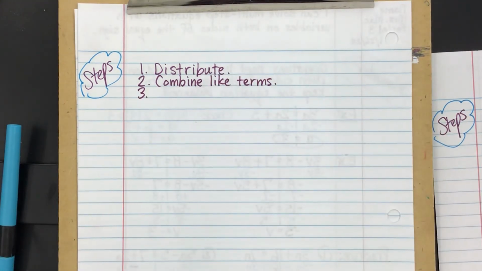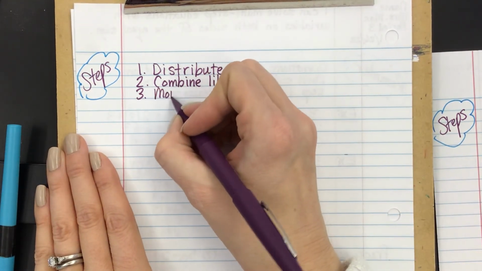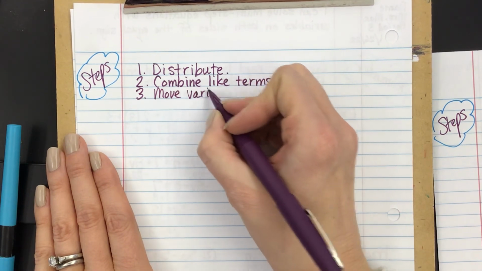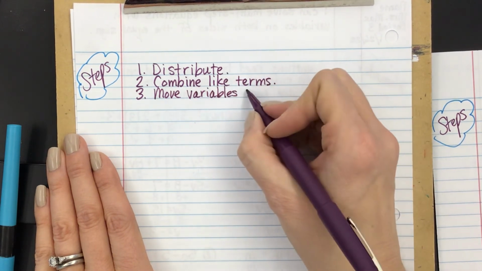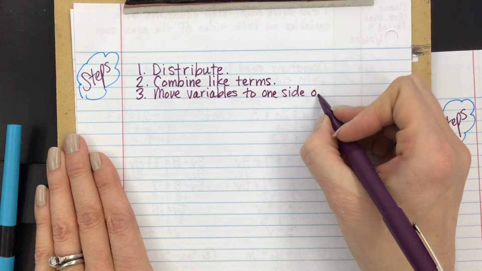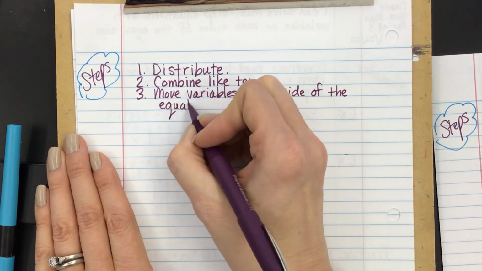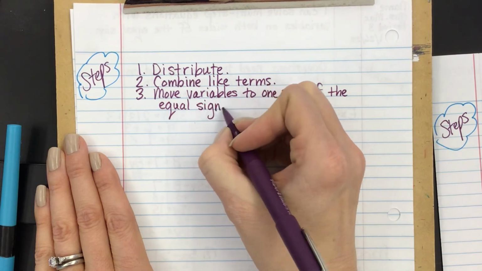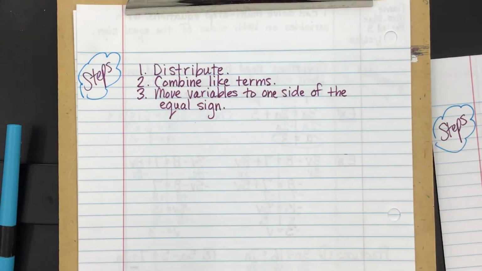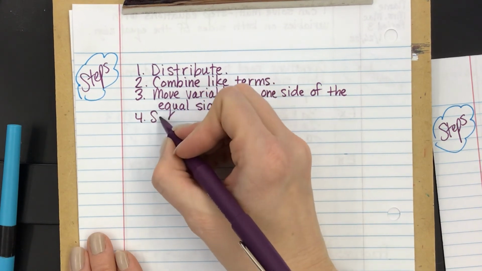Now that we have both sides simplified completely because we've distributed and we've combined like terms, we're going to move the variables to one side of the equal sign. And at that point, you have a simple two-step equation. So step 4 is to solve the two-step equation.